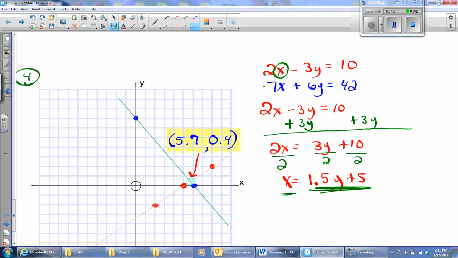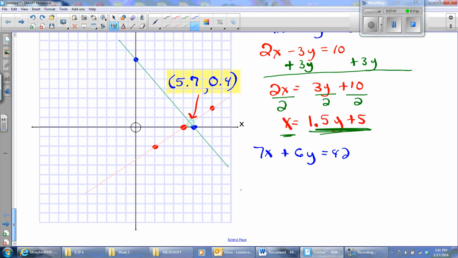I can't write down the 2x minus 3y equals 10. I'm going to write down the other equation, the one I didn't solve for a variable in. But I really shouldn't have written it that way. What I really should do is put down the 7, and I better give myself a little more room than that, put down a plus 6y equals 42.